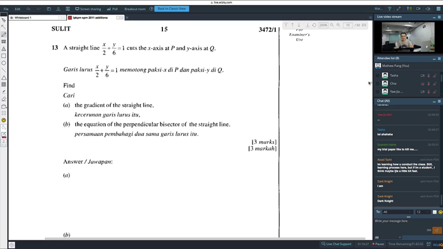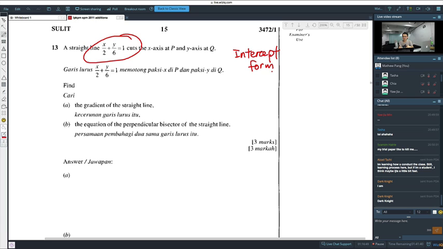A straight line y over 2 plus x over 2 plus y over 6 equals 1 will cut the x-axis at P and the y-axis at Q. First, you have to be able to recognize this. This is the intercept form of a linear equation. Why do we call it intercept form?